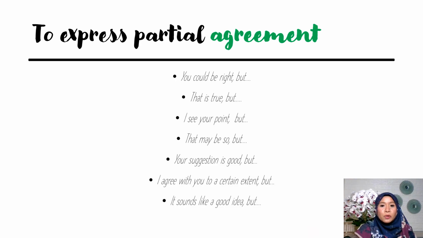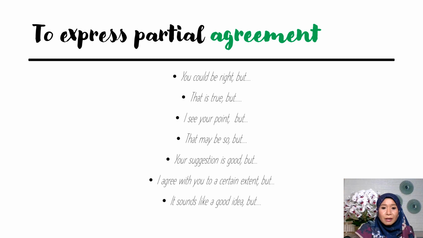So you can also agree but with some reservation, especially when there is a doubt or feeling of not being able to accept the opinion of your friends completely. These are the phrases that are helpful for you to show that you partially agree with your friend's opinion.